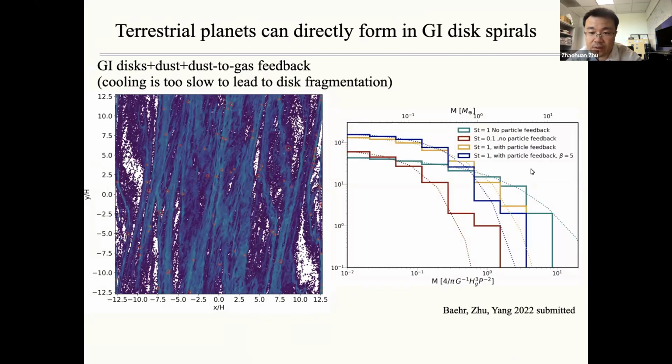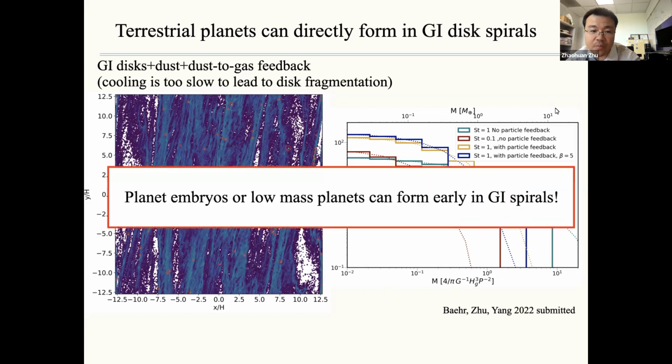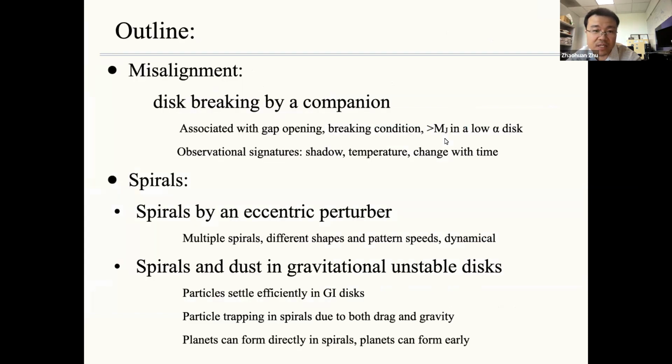Eventually, in these simulations, we see that the maximum dusty cores we get are around 10 Earth masses. So this suggests that planet embryos or low mass planets can form very early in these gravitationally unstable spirals. The spirals do not need to fragment to form planets, while the particles could concentrate enough to become bound objects. Okay. So that's all.